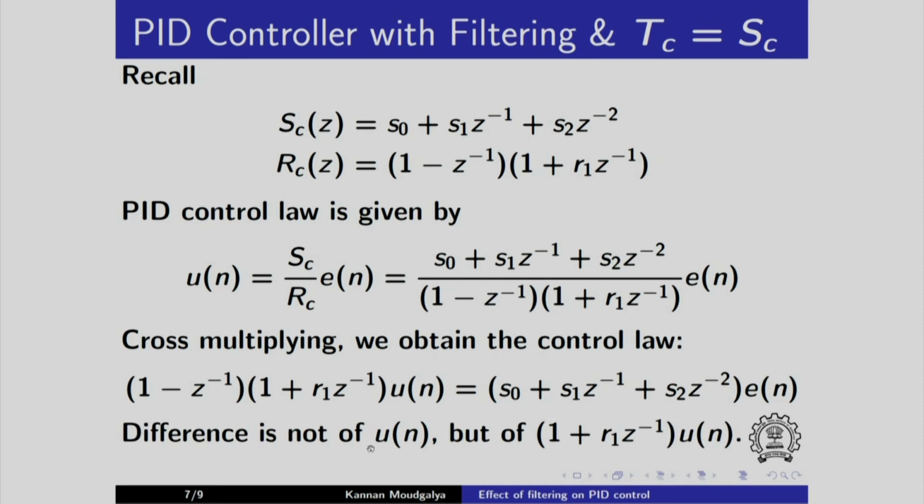Now the difference is not of Un. We no longer have delta times Un, but we have difference of this whole thing, not difference of Un, but difference of this whole thing, which is 1 plus R1 Z inverse into U of n. As a result, we notice that the bumpless control action is lost here.